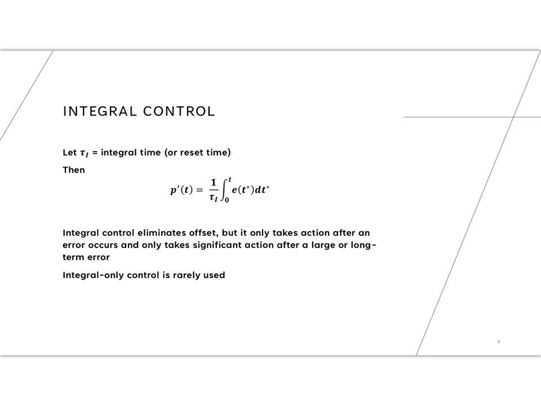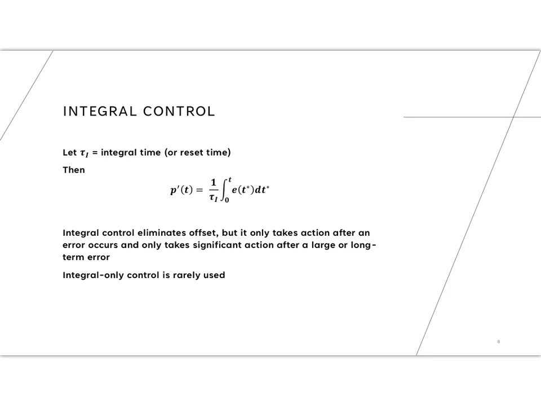Now, we're going to take that and divide by tau, the integral time, or the reset time. So the gain for the integral control is 1 over tau I. That's going to become our tunable parameter that I can use to adjust integral control. And so integral control is going to eliminate offset.